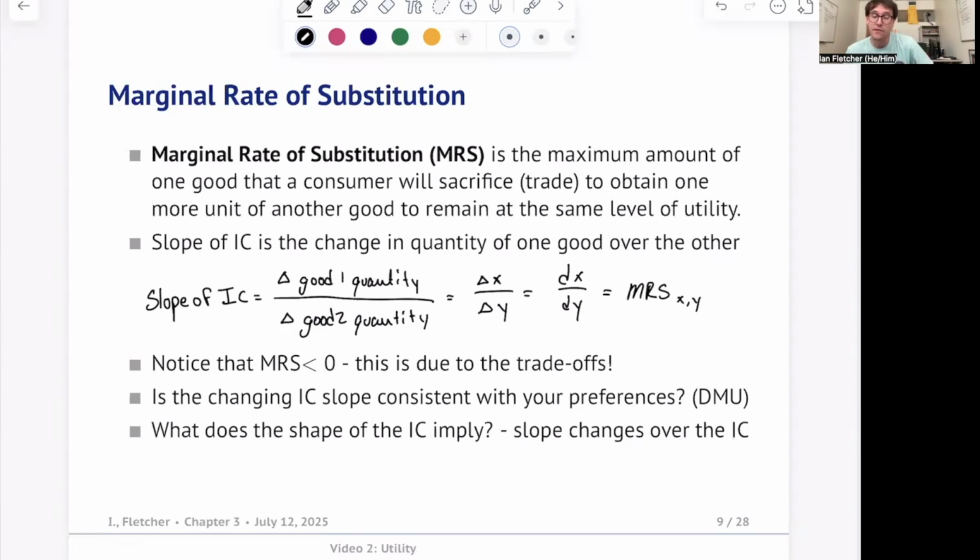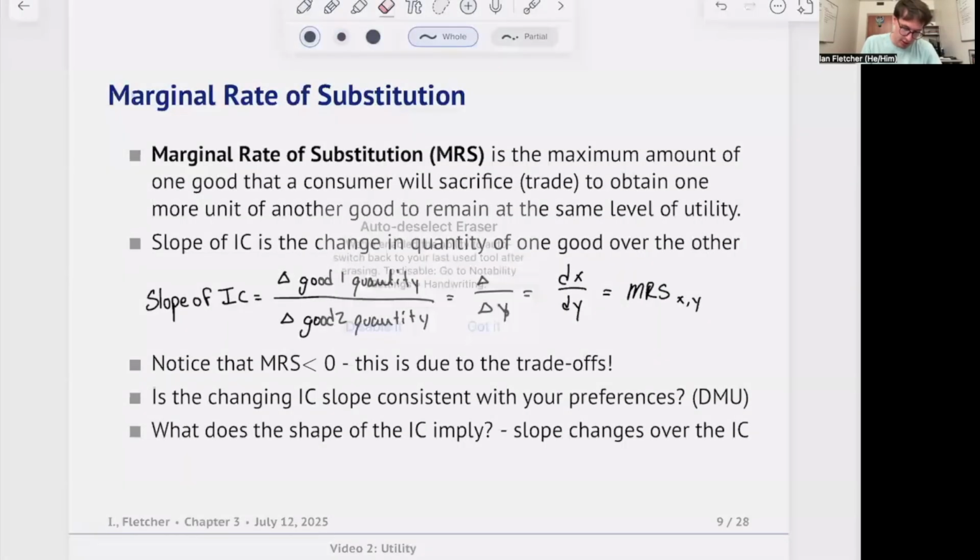When we're thinking about the slope of a line, we're thinking about the change in rise. But again, this doesn't really matter because we can flip them.